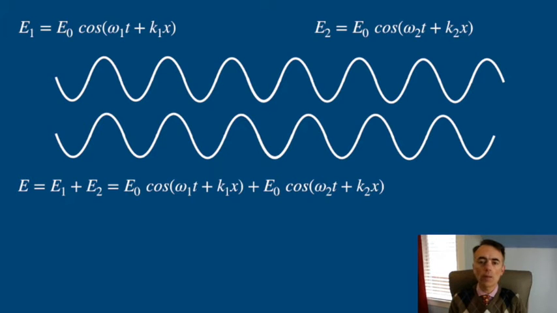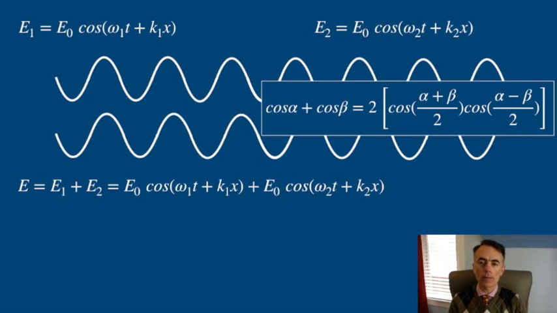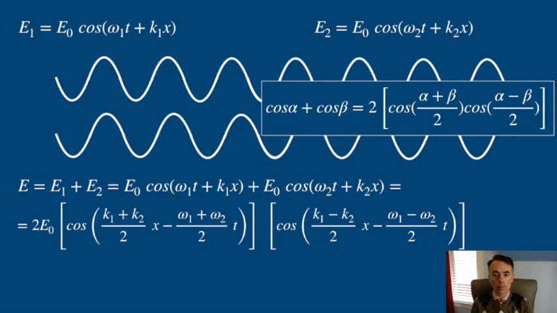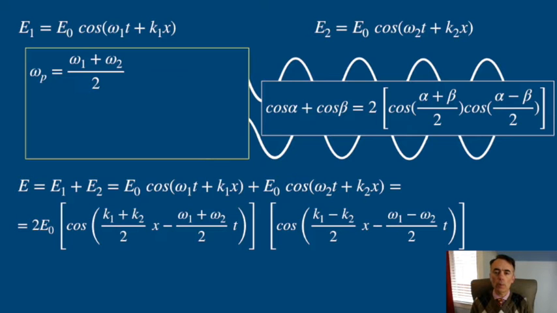Well, we can use some trigonometric identities again to get the result. Let me define omega p and omega g, where the subindexes p and g will make sense later.